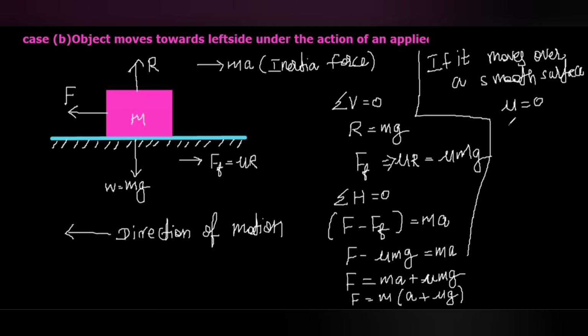So the previous equation F equal to m times a plus mu g, if mu equal to 0, then this term will be eliminated, so we can write F equal to ma. This will be for the analysis of the object that moves over a smooth surface.